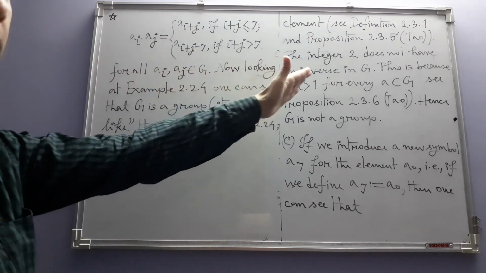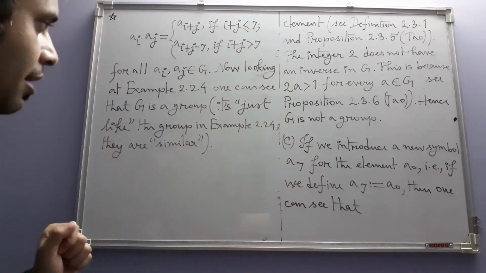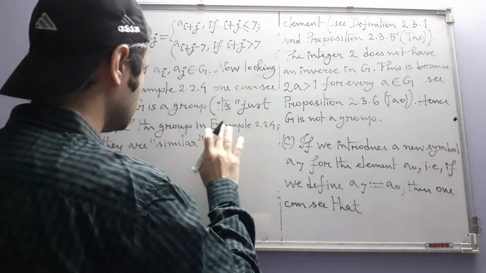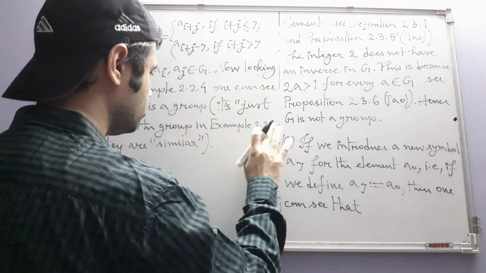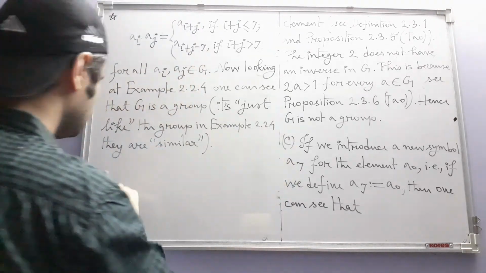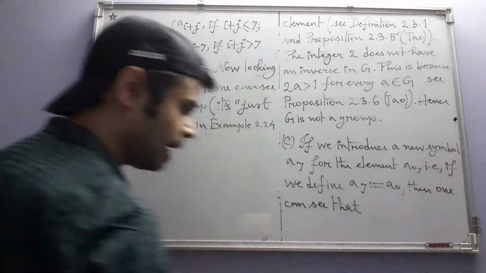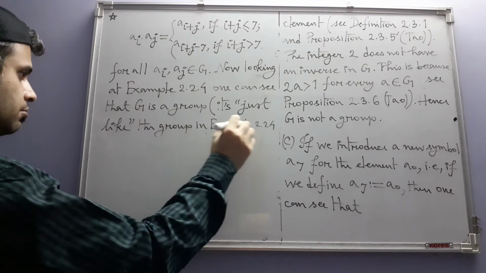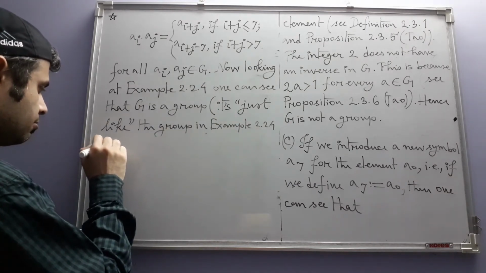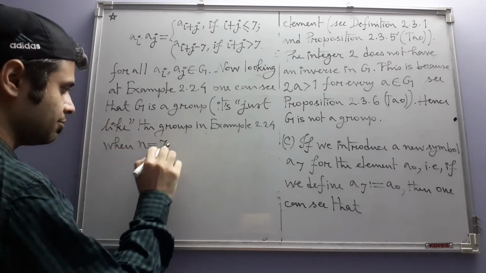So in parts A and B we don't have the systems as groups. In part C we have groups. In example 224, oh, I forgot to mention, there we had n equal to 7.